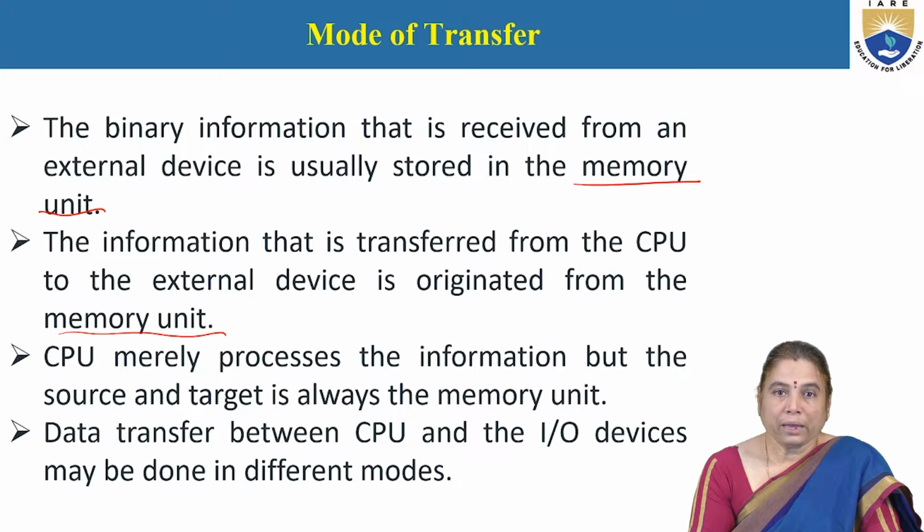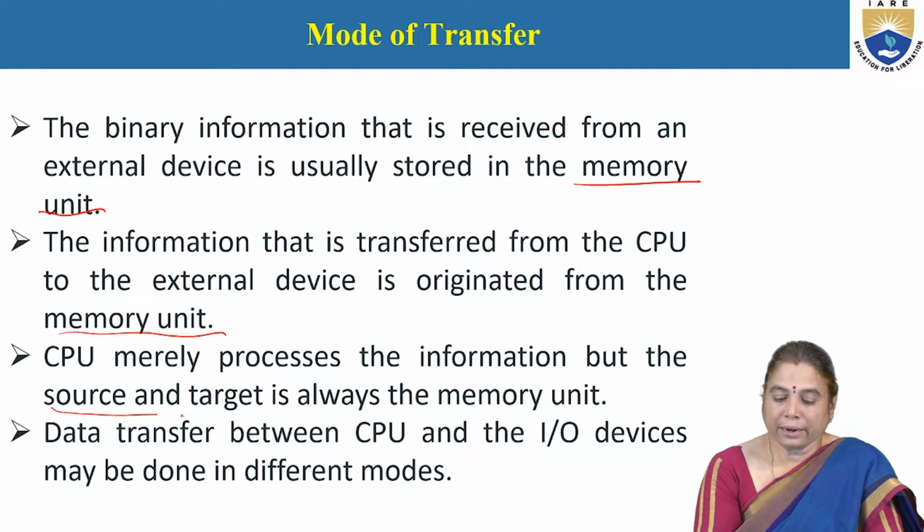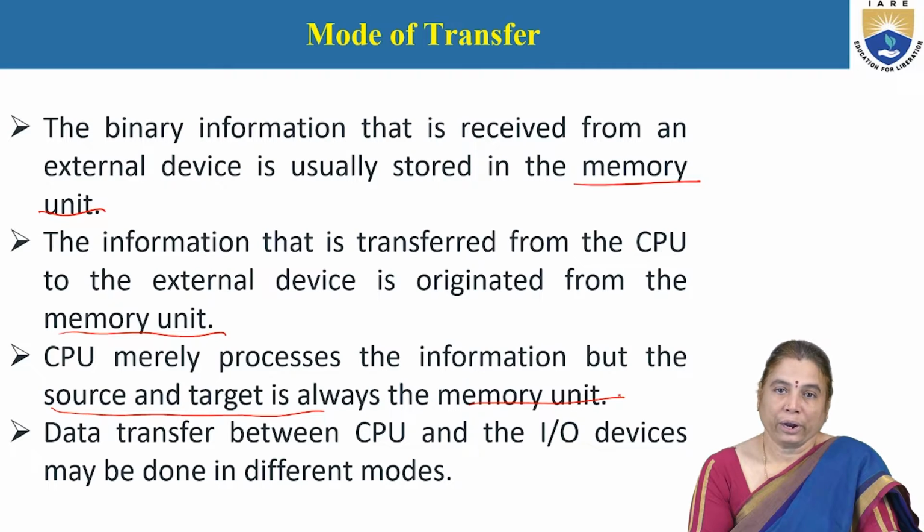So the CPU merely processes the information, but the source and target is always the memory unit. The data destination can be the memory unit, which can facilitate either the read or write operation.